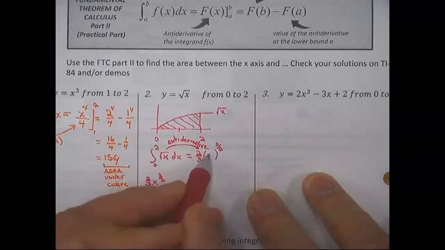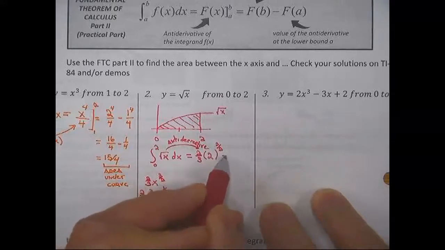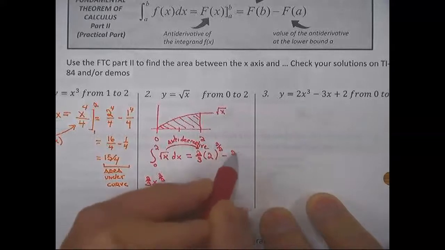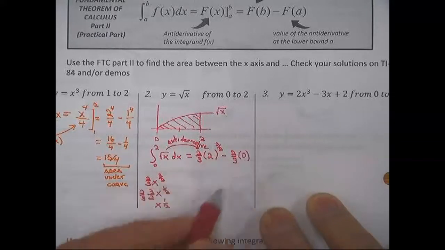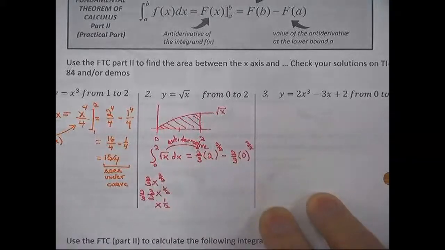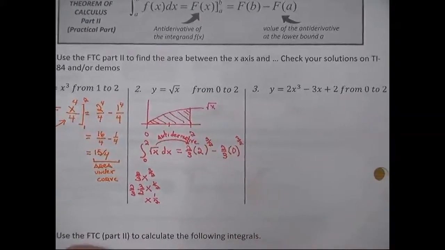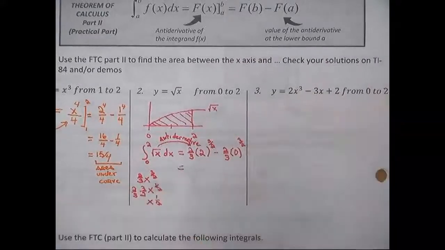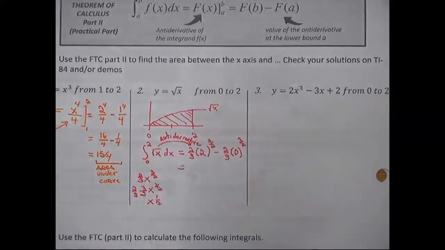And now you're plugging in your upper bound and your lower bound. And then evaluate those. Okay, so without getting into decimals in your calculator, what's 2 to the 3/2 power?